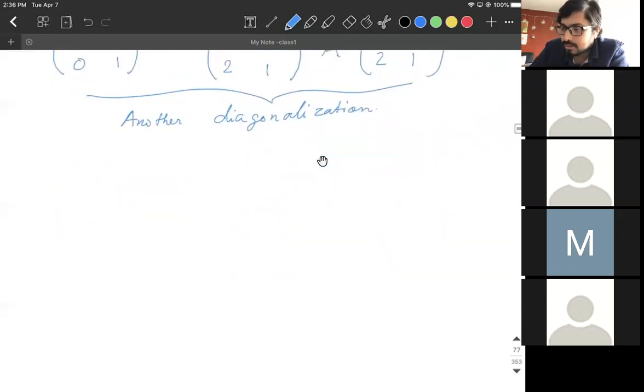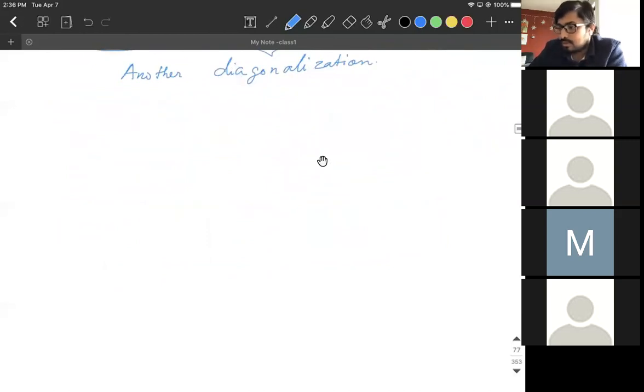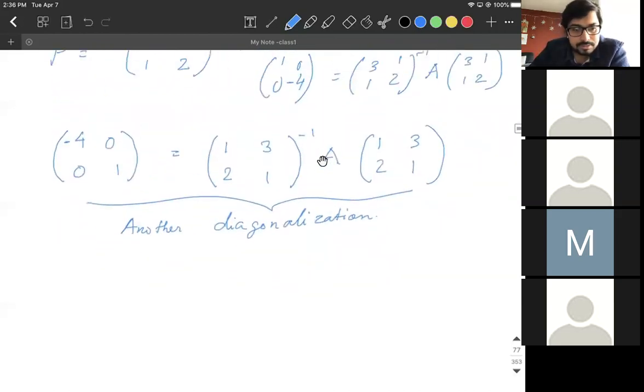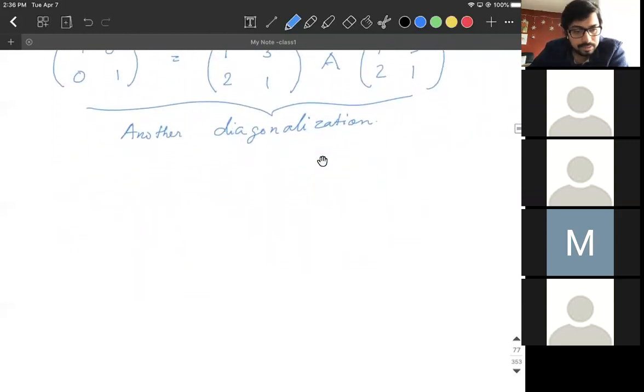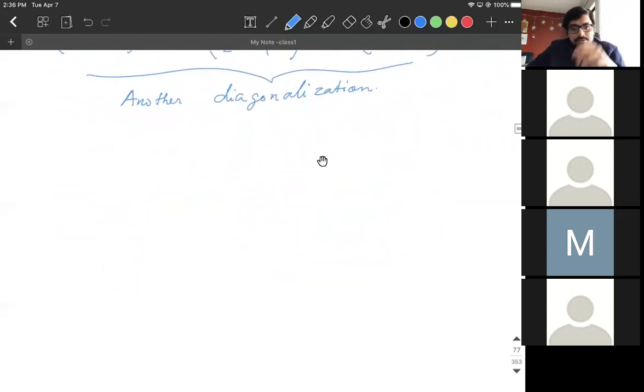Okay, so this is a typical example. So you can get maybe 3 cross 3 matrices, but this is just the standard way to find out the eigenvalues and eigenvectors. So any questions so far?